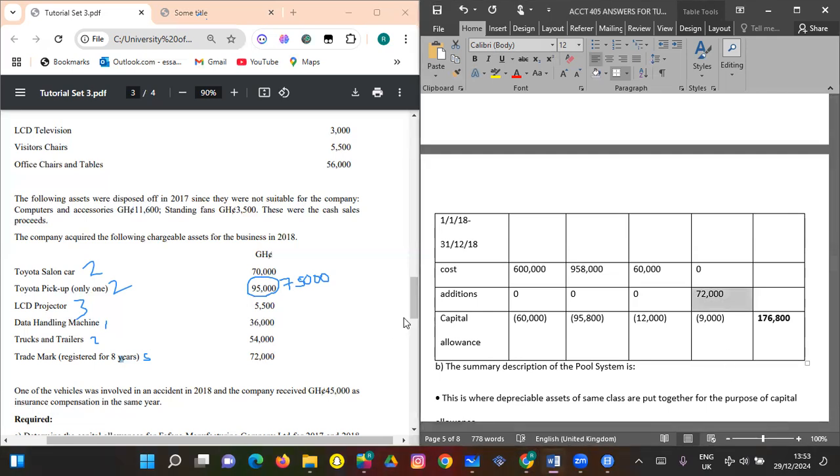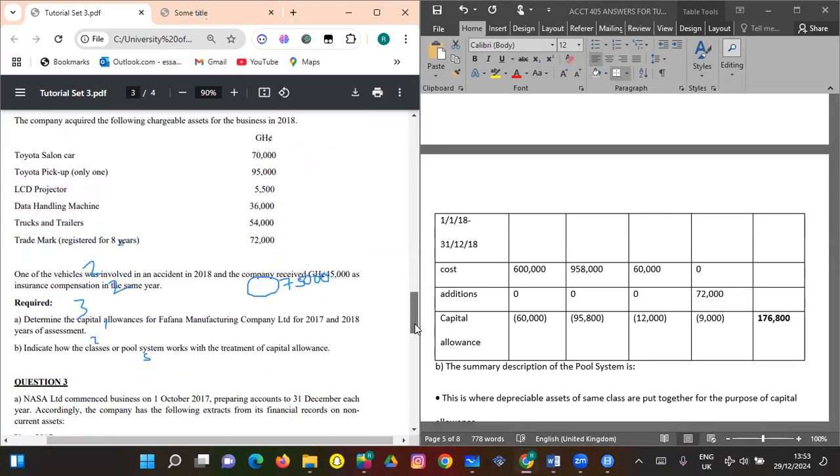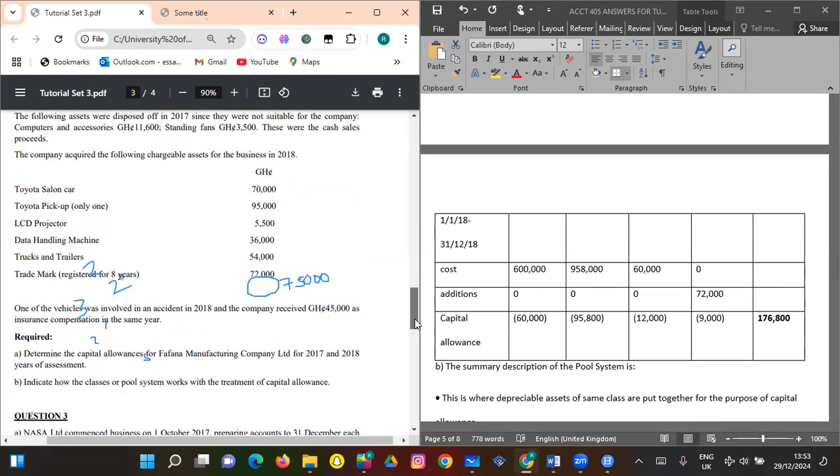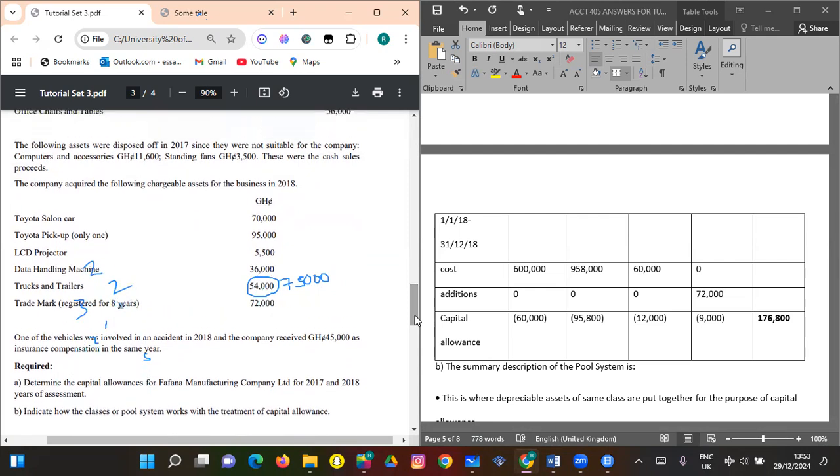All right. So now the question is telling us to determine the capital allowances for Kofana Limited for the year 2018 and then 2019. So basically, capital allowance for the year 2018.